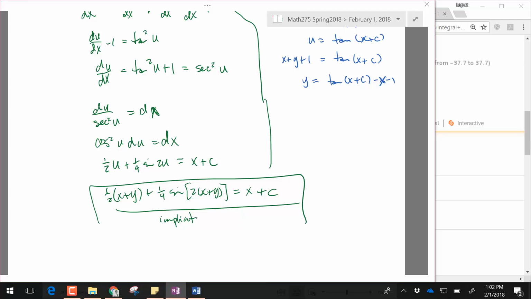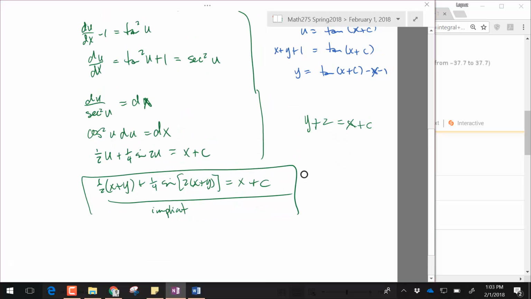I don't know. That's the hard part. Holy cow! I can't solve for this. y plus 2 is equal to x plus c. Oh, I can't solve for that. That's too hard. I mean, it is a judgment call, so I don't know. Michael, I'll try.